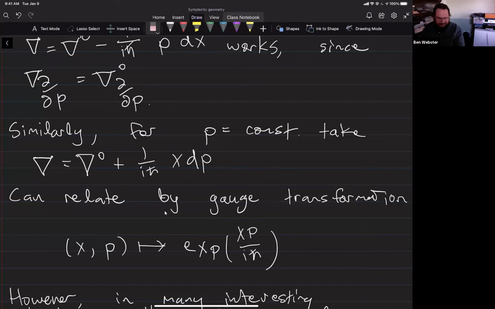So I don't think we're going to have much time to talk about this. I guess we'll see. But one of the kind of tricky things about this story is how does the answer depend on your polarization? Right here I said, okay, I can choose x constant, or I can choose p constant.